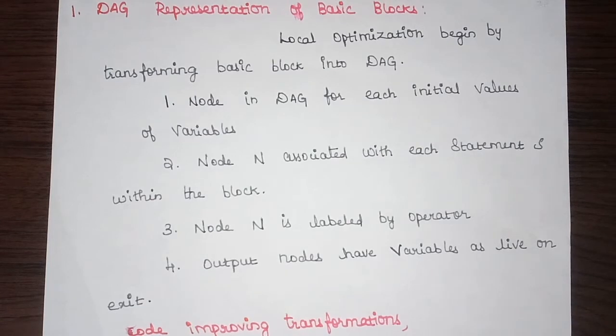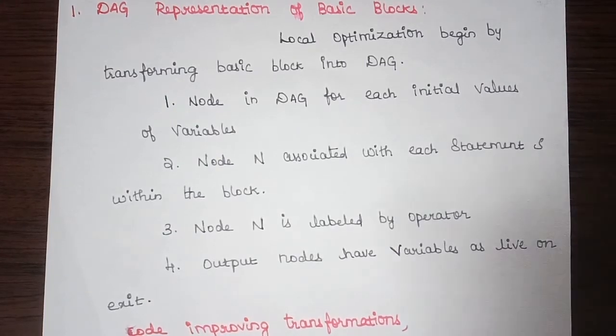Also, some nodes are designated as output nodes. Output nodes are the nodes whose variables are live on exit from the block; that is, their values may be used later in another block of the flow graph.